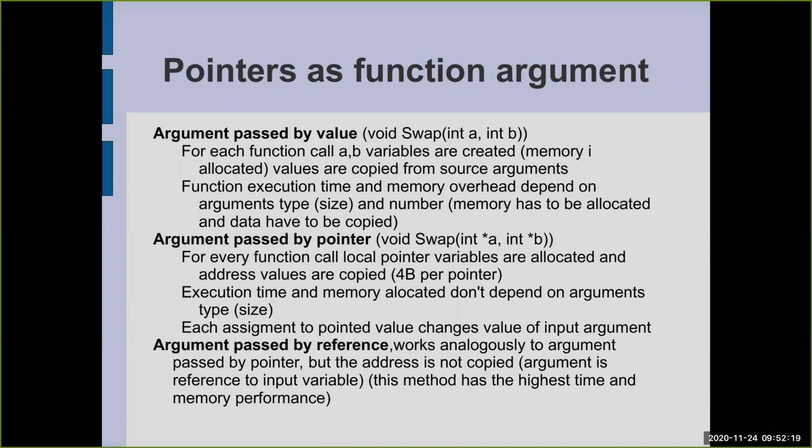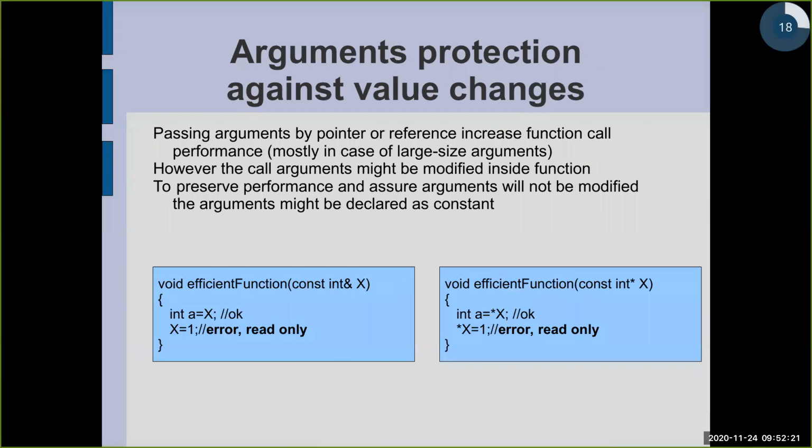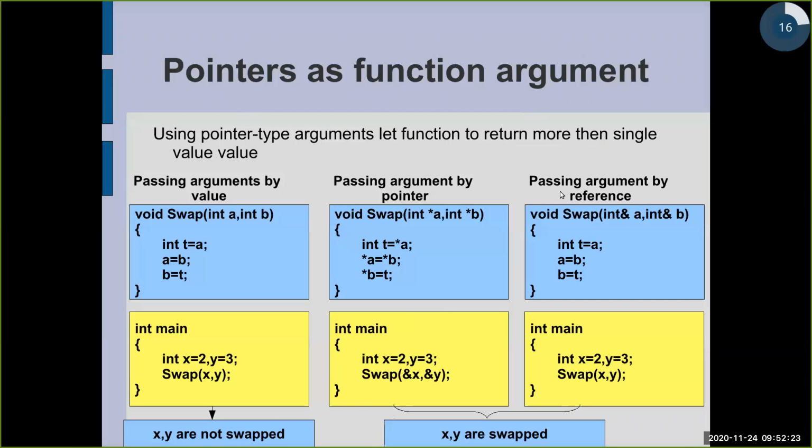What is the benefit? We consider that the fastest way is passing arguments by reference, because in this case the arguments are not copied. In case of pointers, addresses are copied. So here, two addresses have to be copied.